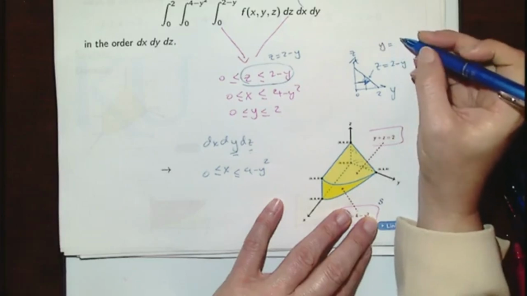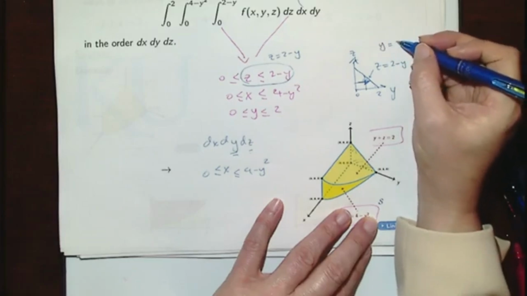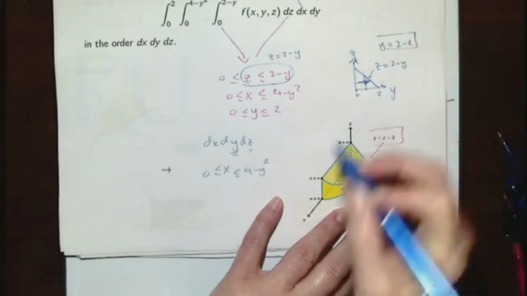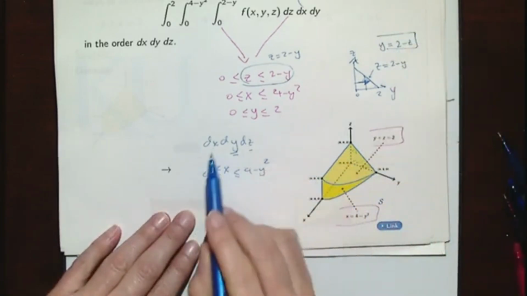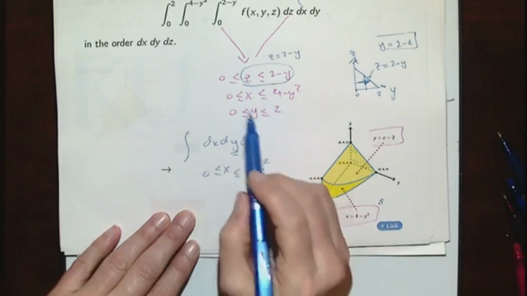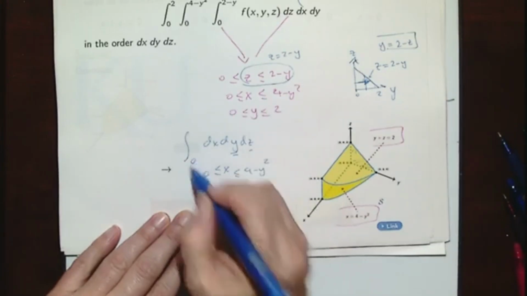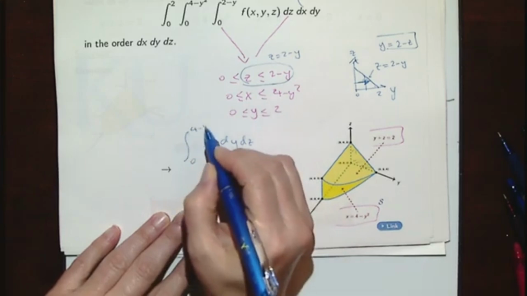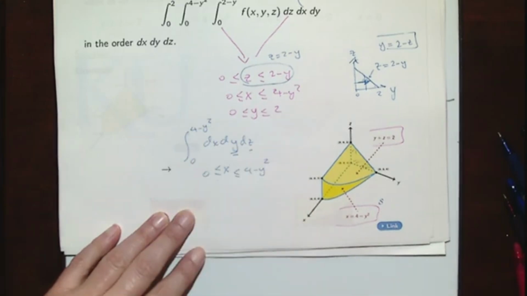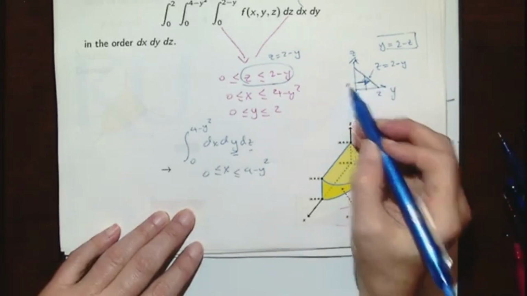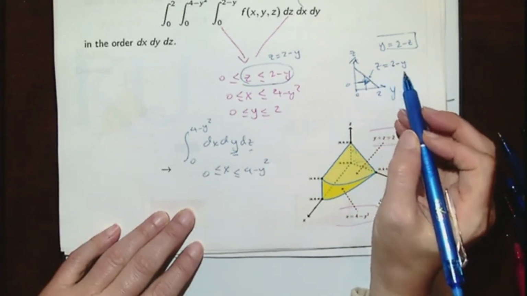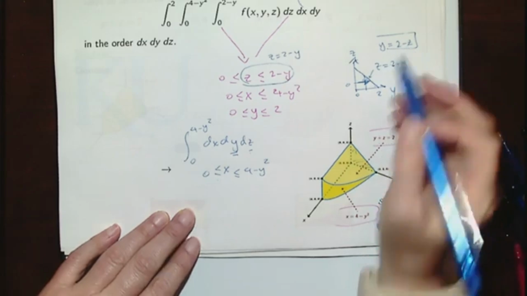Y is equal to 2 minus z. So that is going to go in here. Let me see, I forgot to put in dx. dx goes from 0 to 4 minus y squared. Now y goes from 0 to 2 minus z.